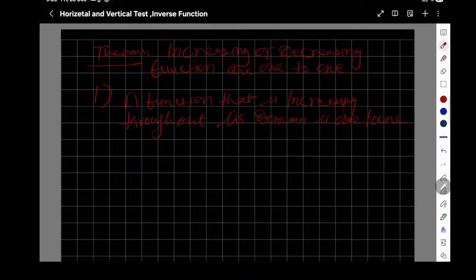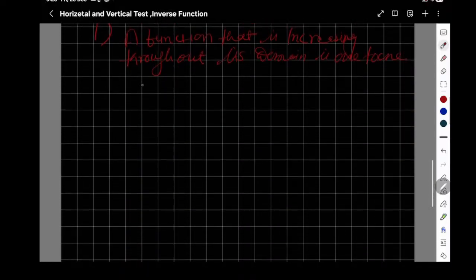That means if you take a linear function, f(x) = 3x + 2, this function is one to one throughout. The reason is that the function is strictly increasing throughout, because when you draw the line, it is one to one.